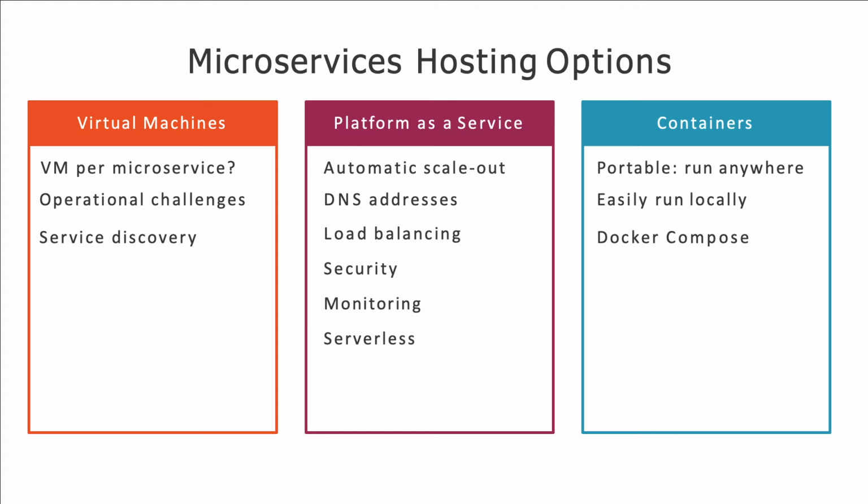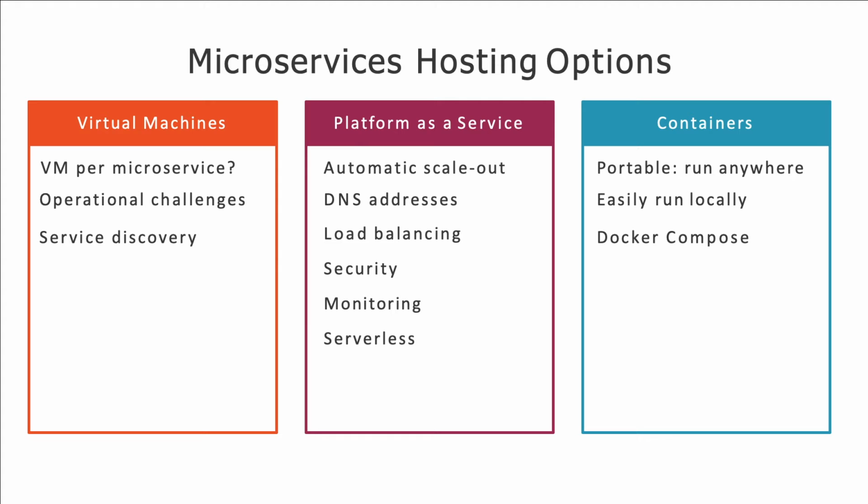So the second possibility that we have is to use a platform as a service offered by your favorite cloud provider, or some Cloud Foundry technology. This platform as a service can bring automated scale out, something we can configure in our system, with scale out based on some metrics like CPU percentage or the memory used by the microservice.